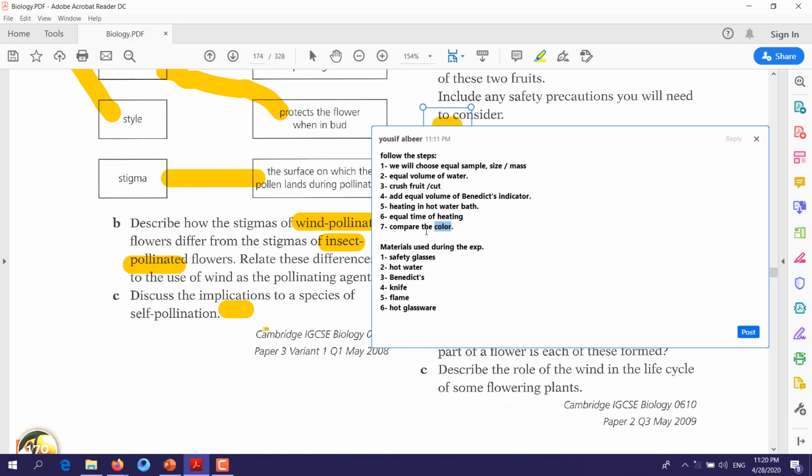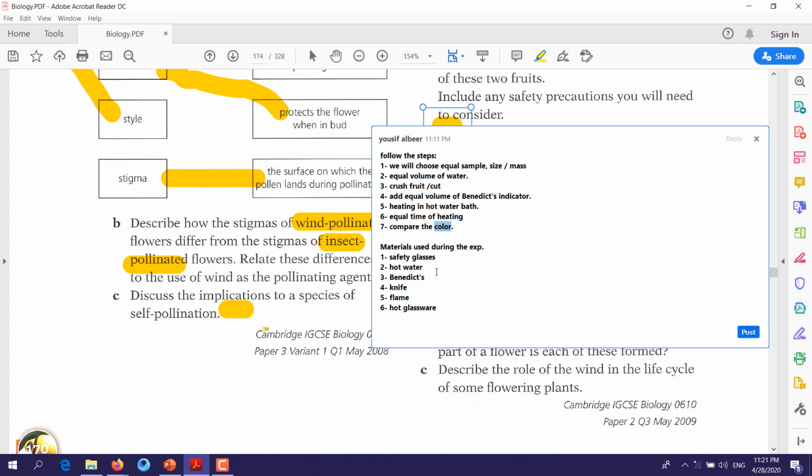Now if the color is blue, that means it's the tomato, because the tomato has a low level of sugar in it. But the apple has a high level of sugar in it. So we will see the color of the apple change into yellow.